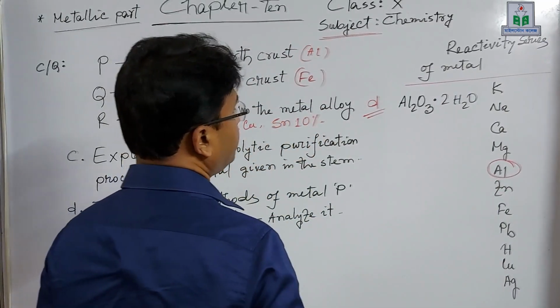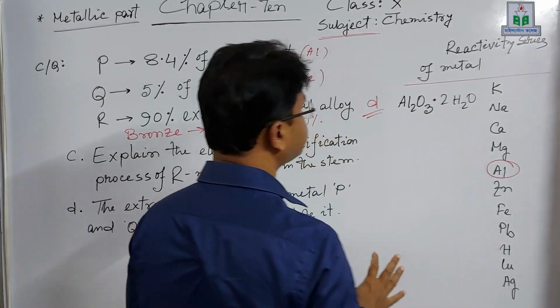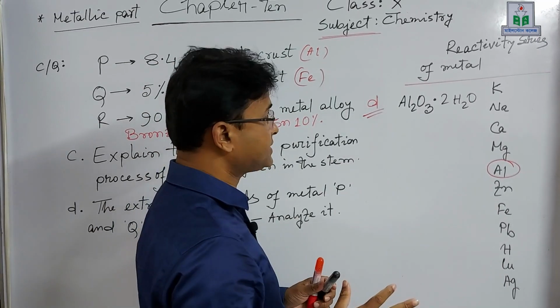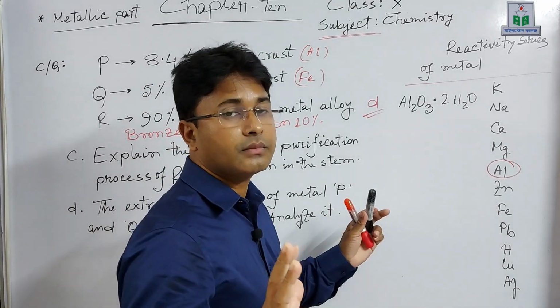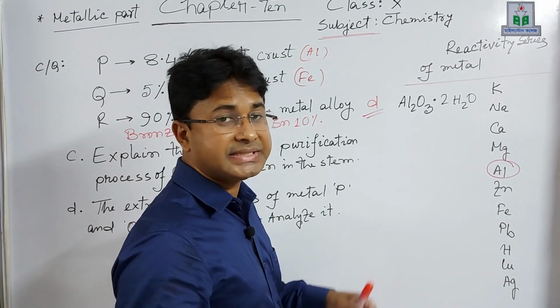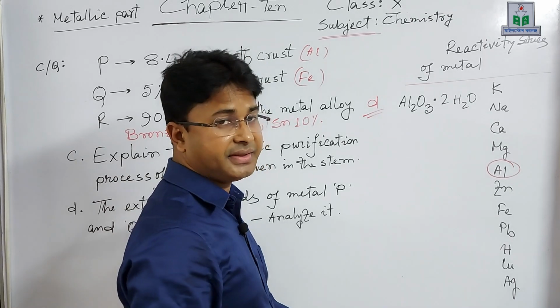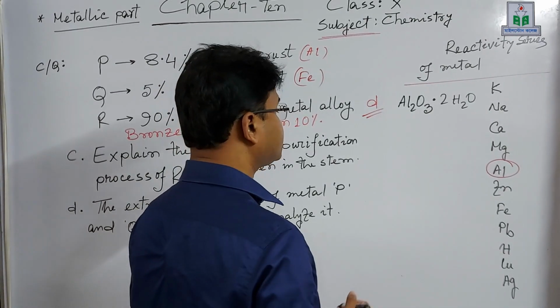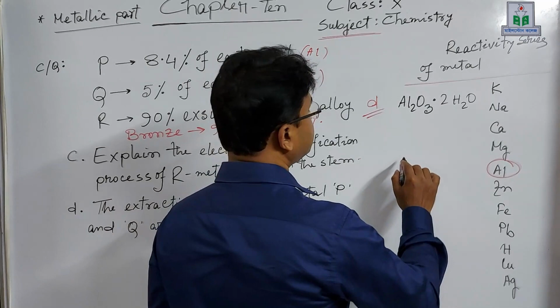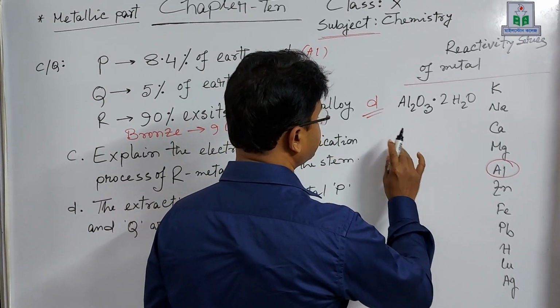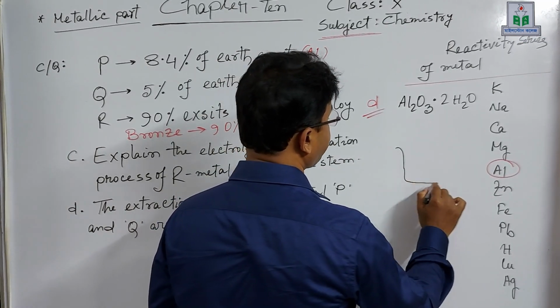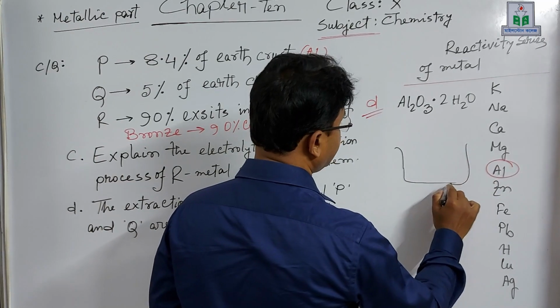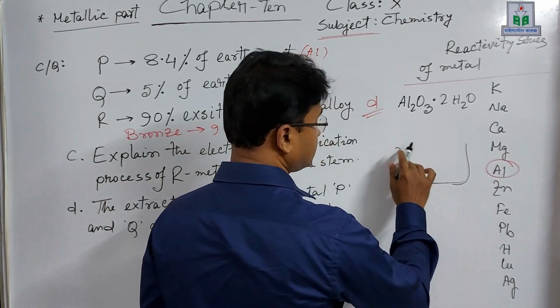So, through different steps, the bauxite ore is refined, and then pure aluminum oxide is obtained. This aluminum oxide is electrolyzed.